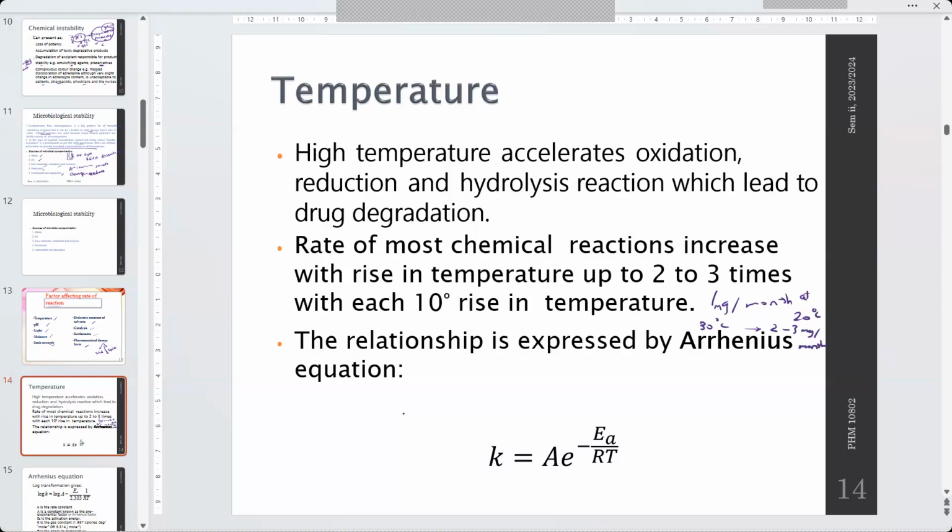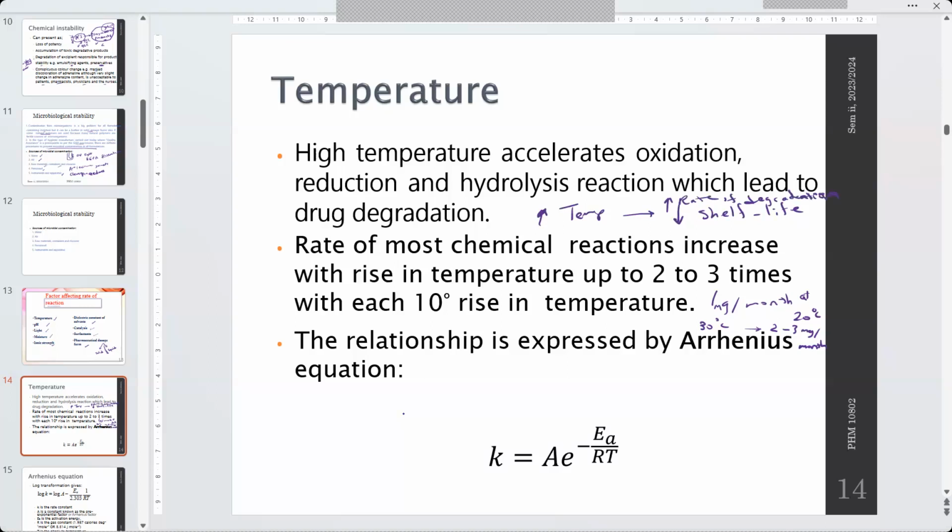So the higher the temperature of storage of drugs, the shorter the shelf life. What is the implication? The higher the temperature of storage, the shorter the shelf life. Why? Because the higher the rate of degradation.